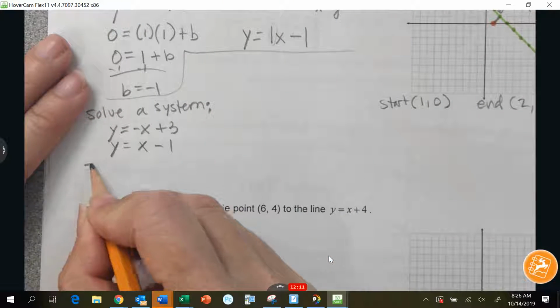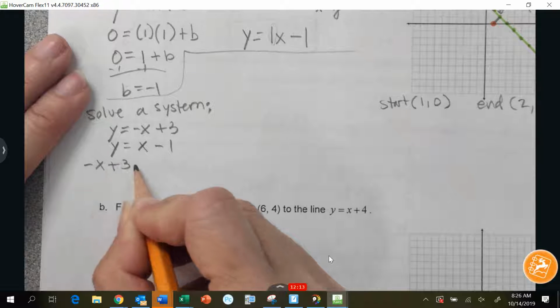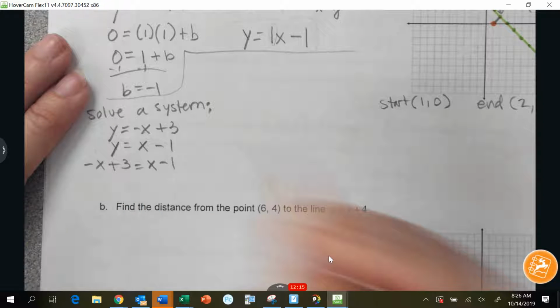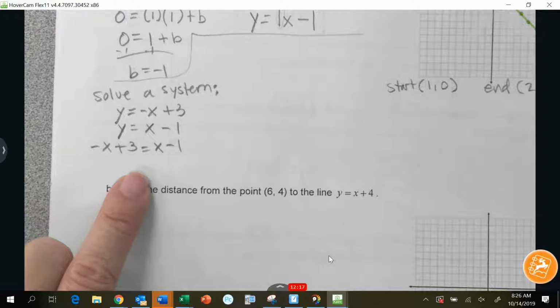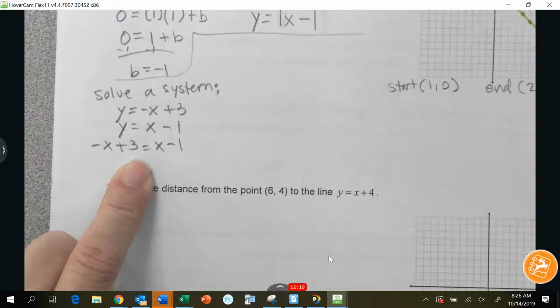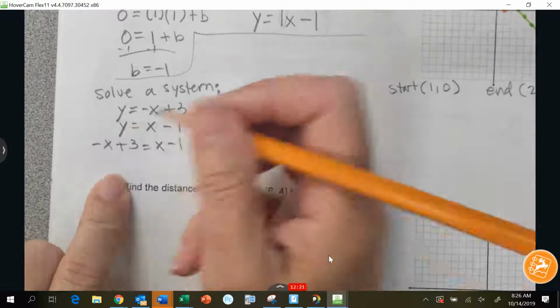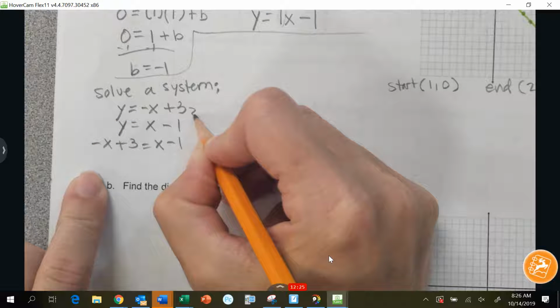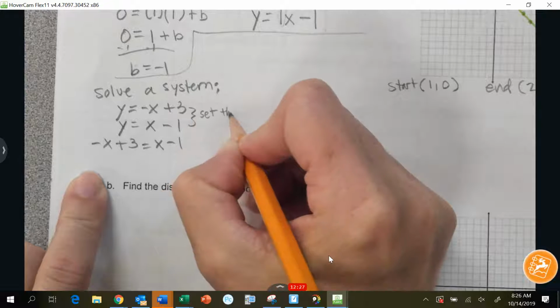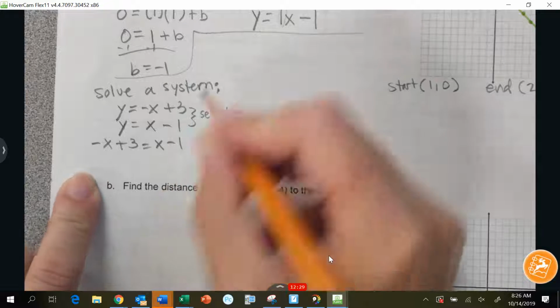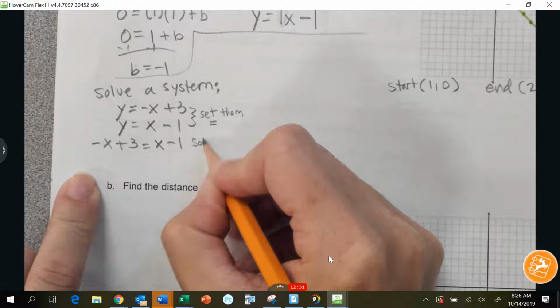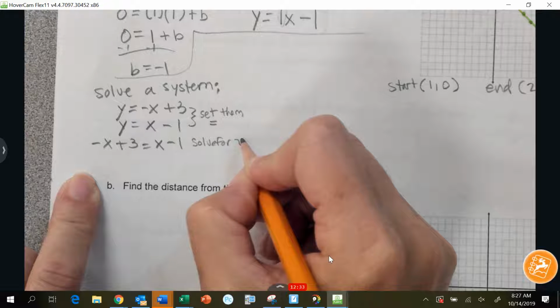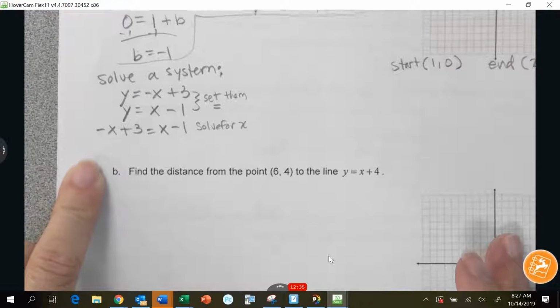So I'm going to say negative x plus 3 equals x minus 1. And we're going to solve this equation. So we set them equal, and then we're going to solve for x.